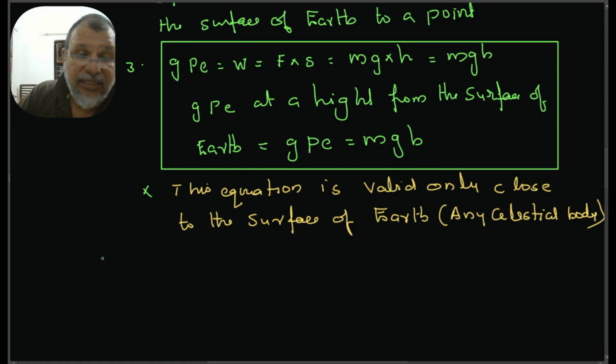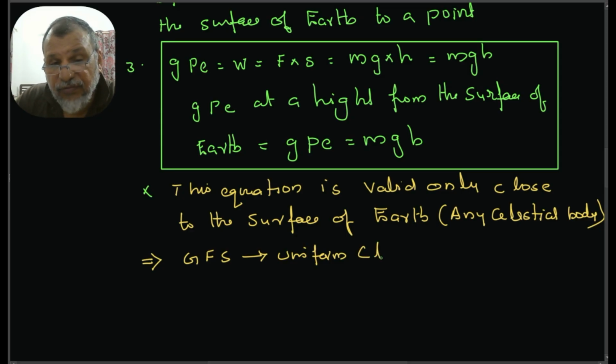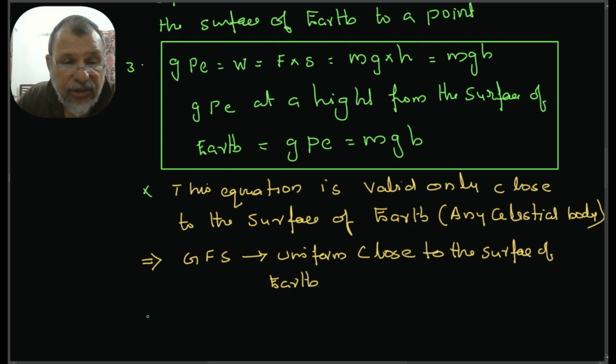What is the reason? The reason is that the gravitational field strength is uniform close to the surface of Earth. These are the assumptions we have made, which are nearly true.